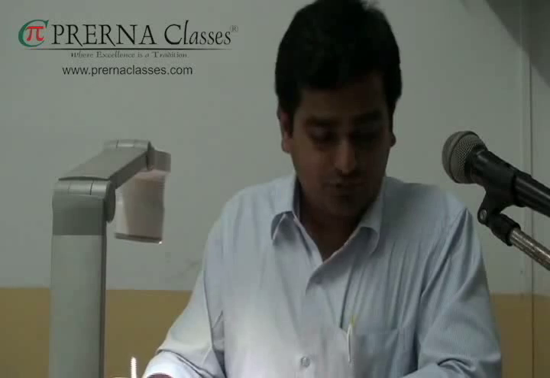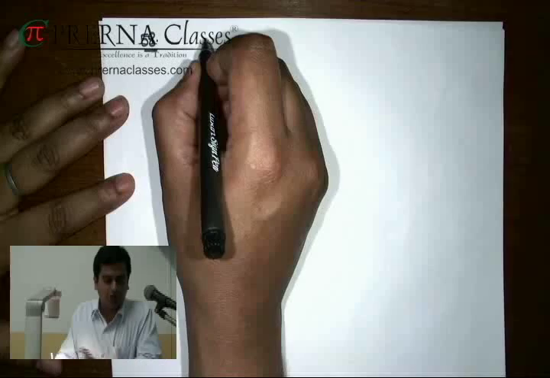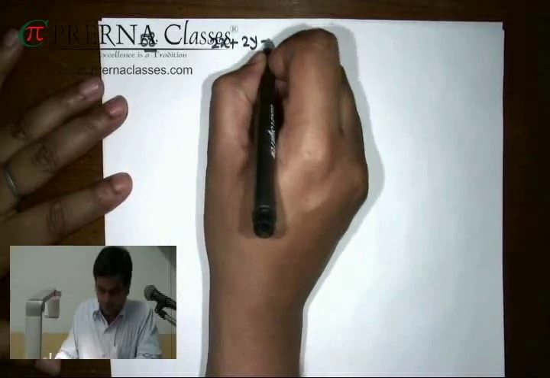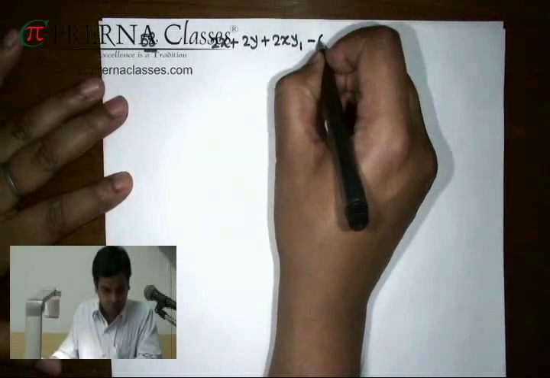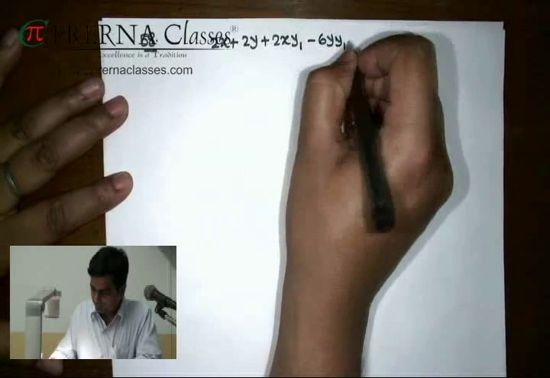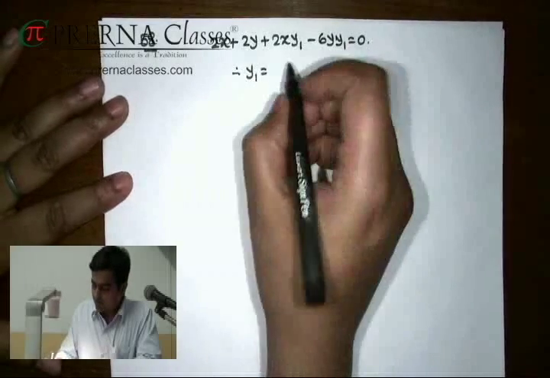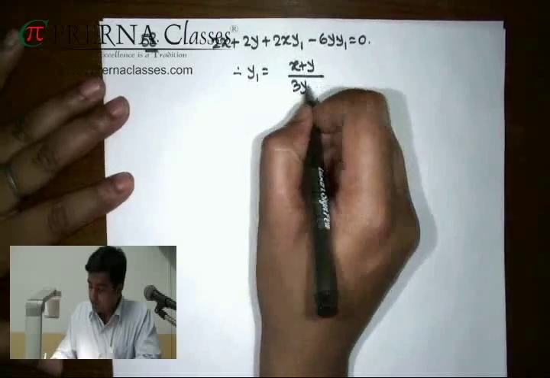In the next problem, we have a second degree homogeneous equation where you have to look for the equation of the normal. If you differentiate that relation and collect all the terms depending on dy by dx, we will end up getting this expression.